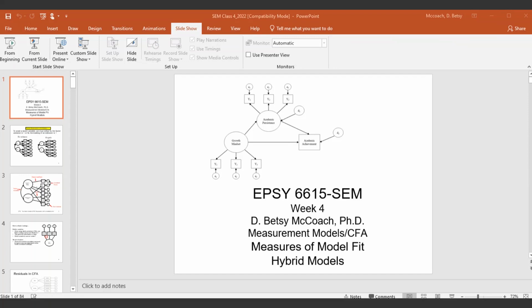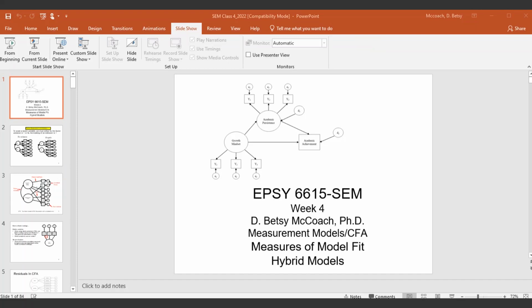Then we have some more things to say about measurement models and confirmatory factor analysis, and from there we will move on to how we actually put measurement and structural models together.